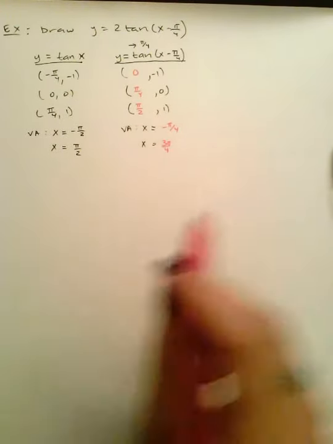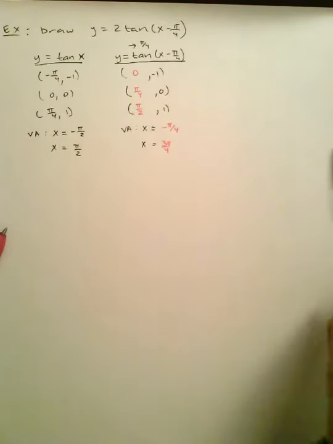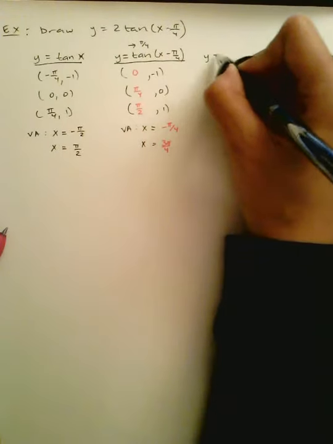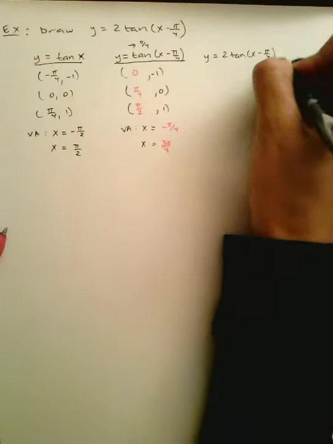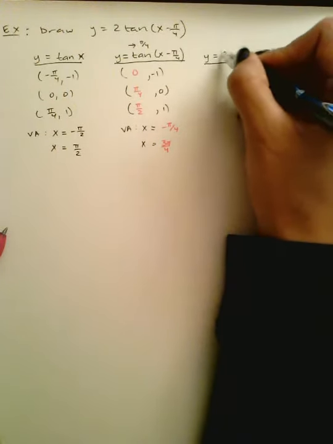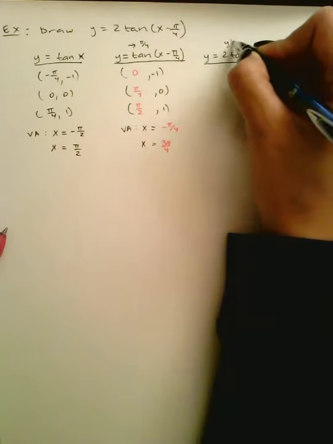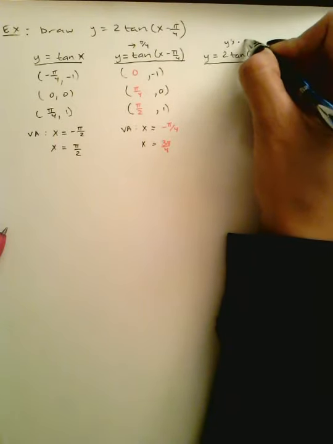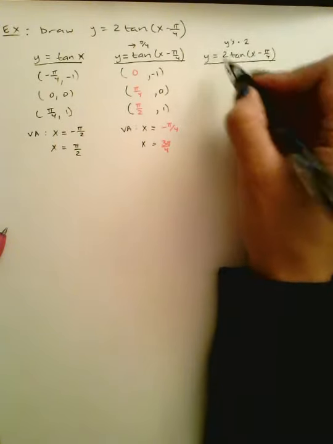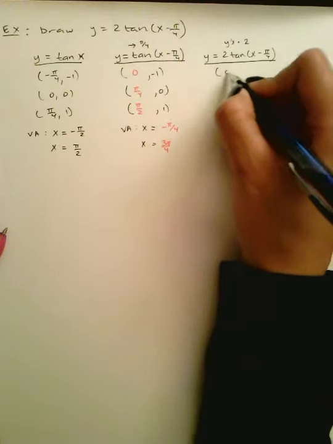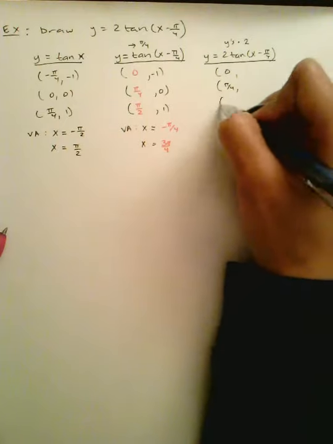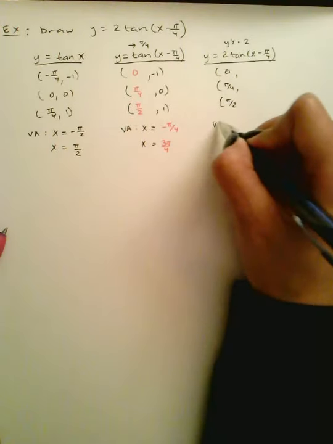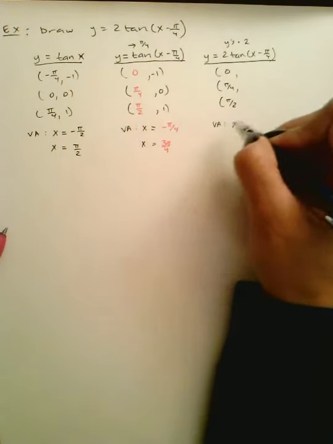Now I'm going to take care of the stretch on the y's. This is y equals 2 tangent of x minus pi over 4. What this tells me to do is multiply the y's by 2. The x's are not going to change, so 0, pi over 4, and pi over 2 stay the same, as well as the vertical asymptotes, because those are x values.